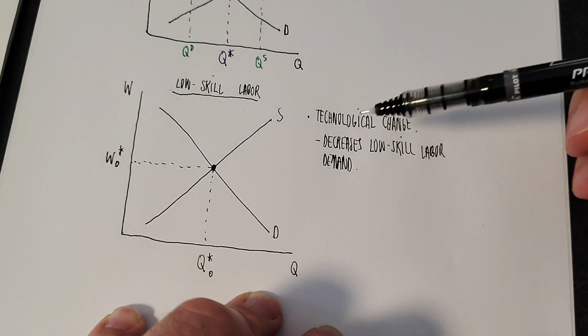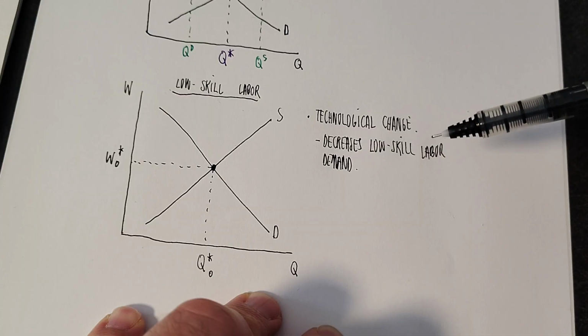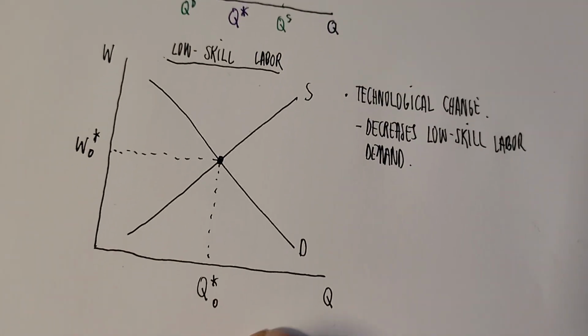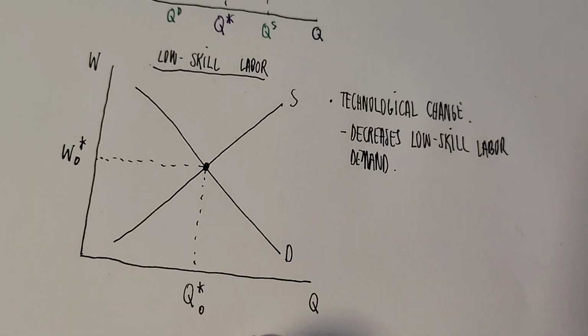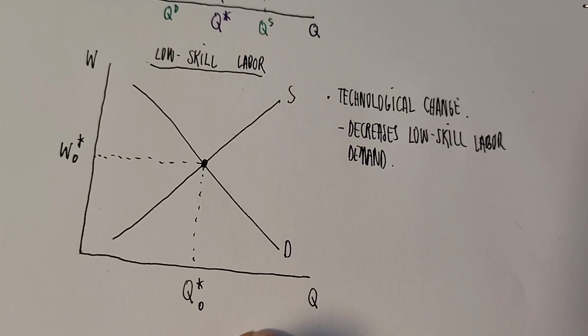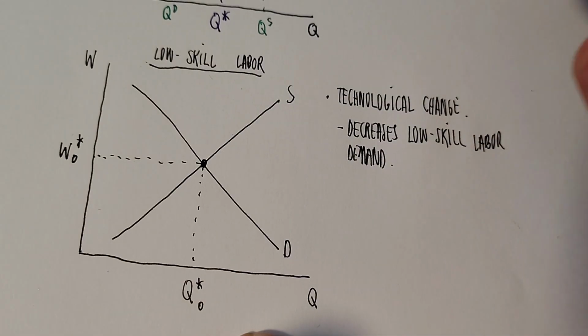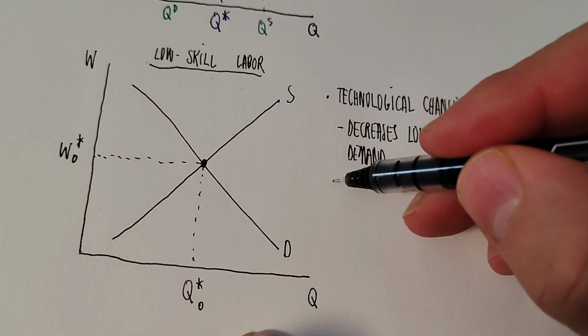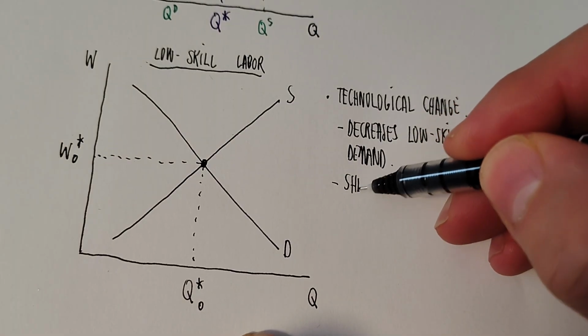And that's primarily the example that we like to use in economics, let's say, for example, automation. An ATM machine maybe decreased the amount of bank tellers that a bank needed at some point. So that's a pretty good example of that, right? So it decreases the low skill labor demand. That's going to shift the demand curve to the left.